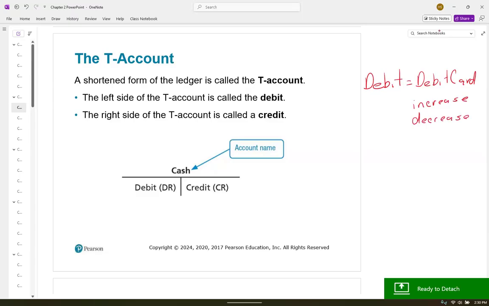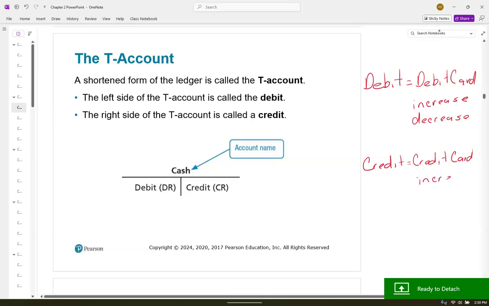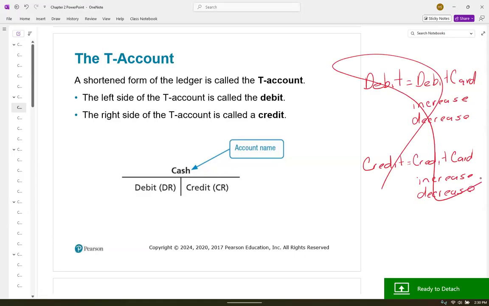A credit, I have students tell me they think of their credit card, and they also may think increase and decrease. None of those are correct. I know, I just made you write all that down, mark through it on your piece of paper because none of those are correct.